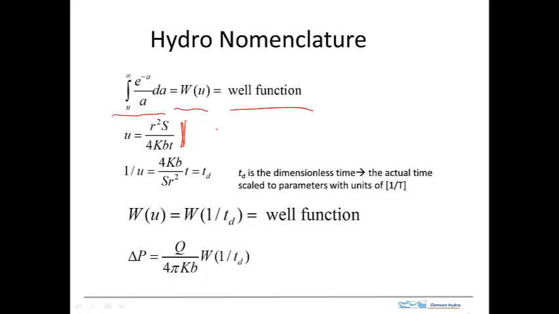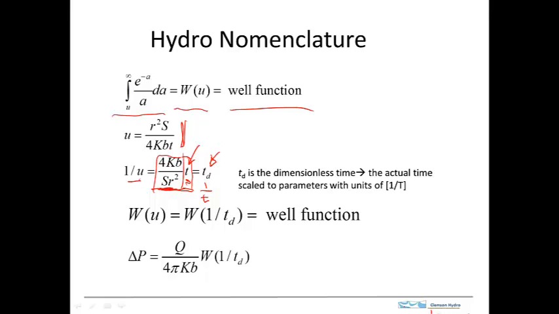And one way that we can think of u is if we take 1 over u, we get this. And here we have time, and this block of terms here has units of 1 over time. So this whole term here, 1 over u, can be thought of as a dimensionless time, the actual time right here, scaled to these parameters of the problem.